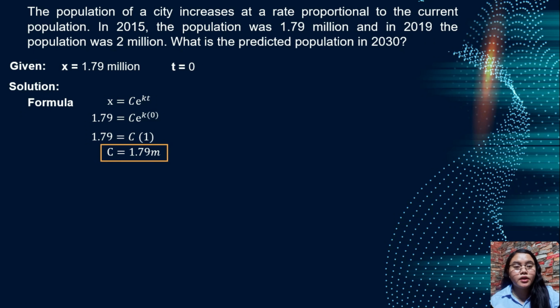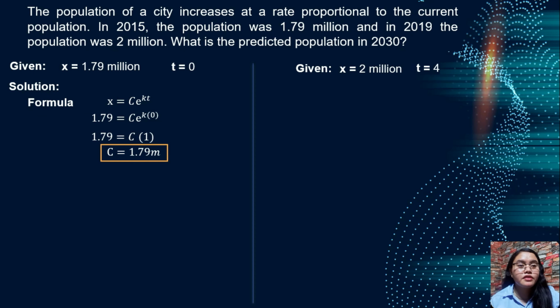and c is equal to 1.79 million. And to find the value of k, we will plug in the value of c and the given value of the second condition of the problem. So we have here the given x is equal to 2 million and t is 4, since 2019 minus 2015 is 4 years, and c is equal to 1.79 million.